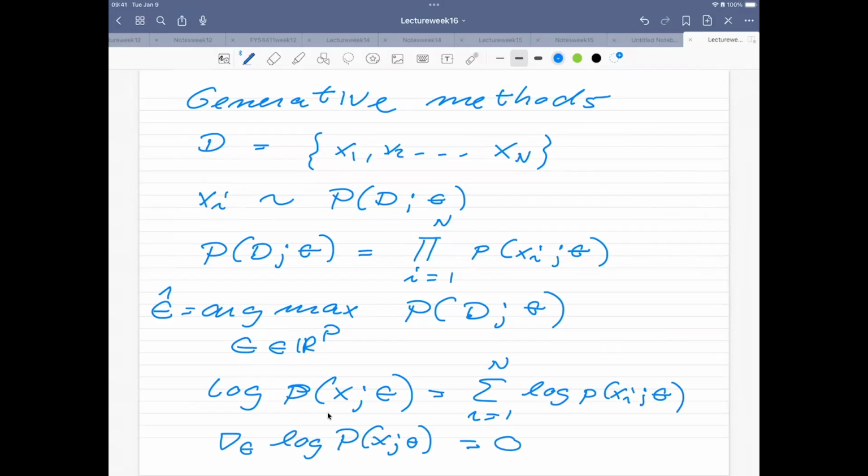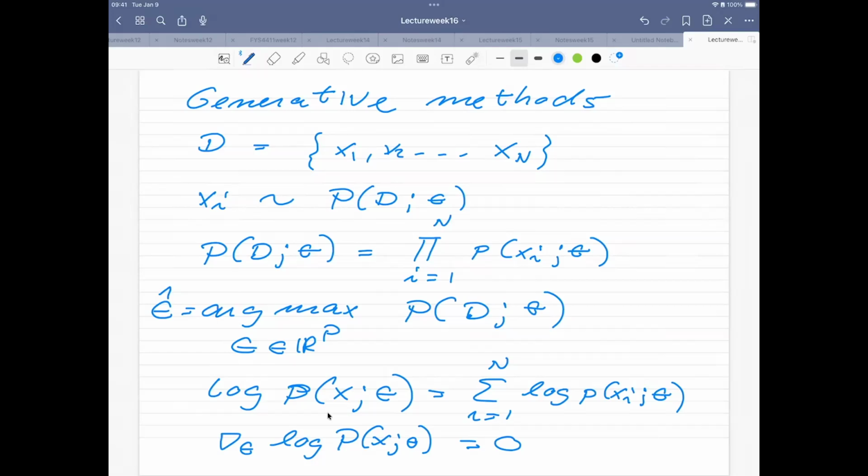This function, this gradient, if you go into textbooks in statistics, has a name: it's called the score function. When you have the optimal parameters, then the gradient of the function you're optimizing should be equal to zero.